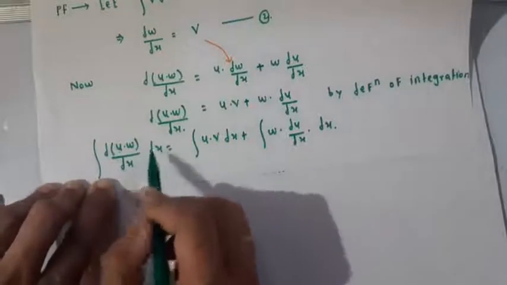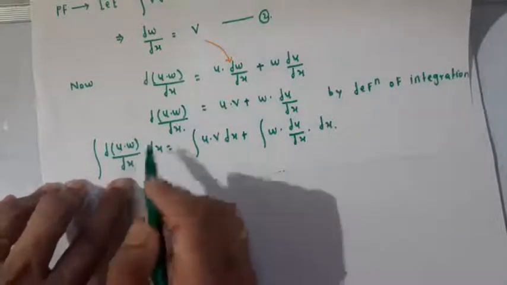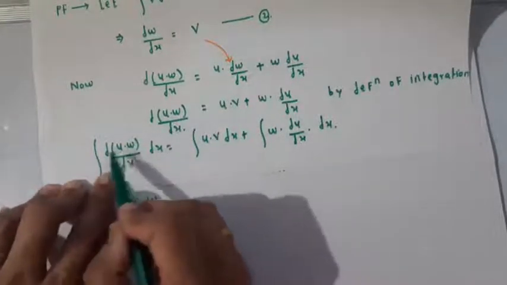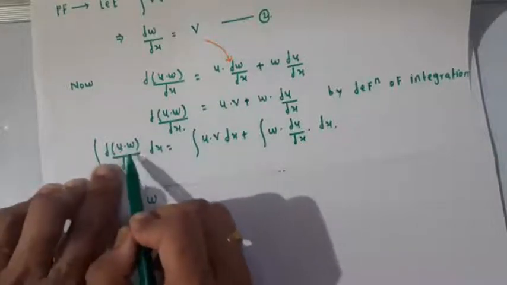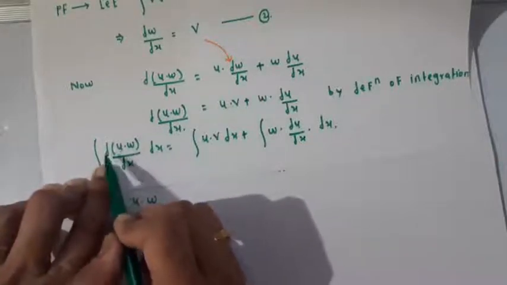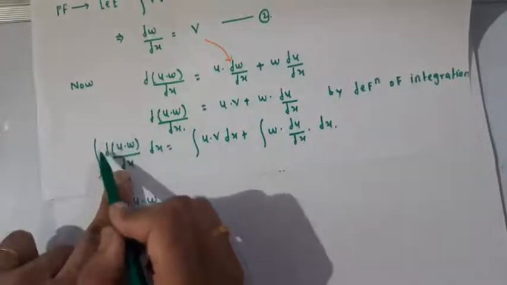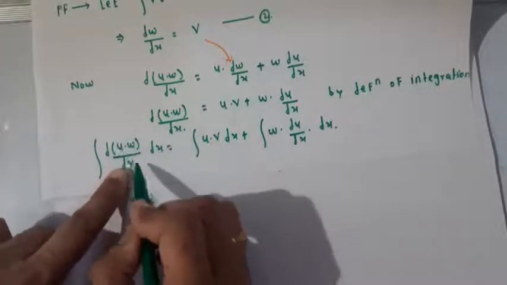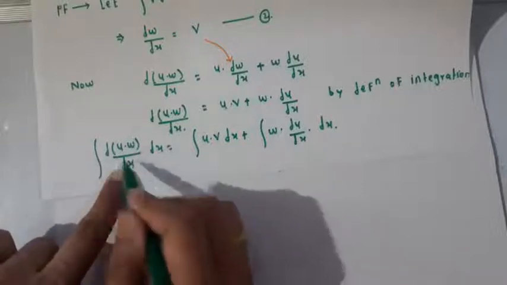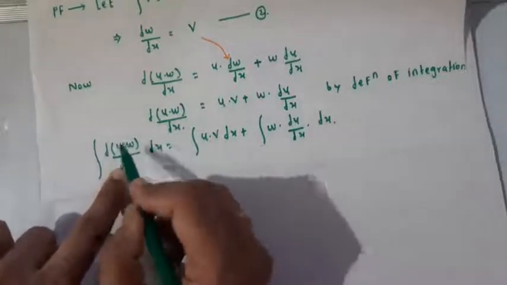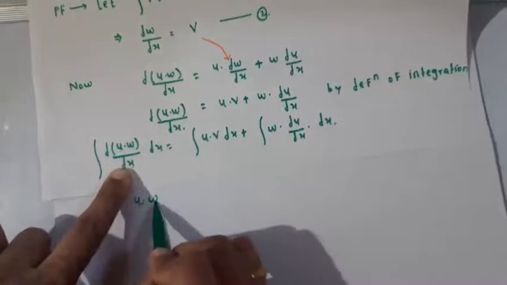By the definition of integration, if we consider the integration of the differentiation of u into w with respect to x, that will get cancelled because integration is the antiderivative. That's why the function is now u into w.